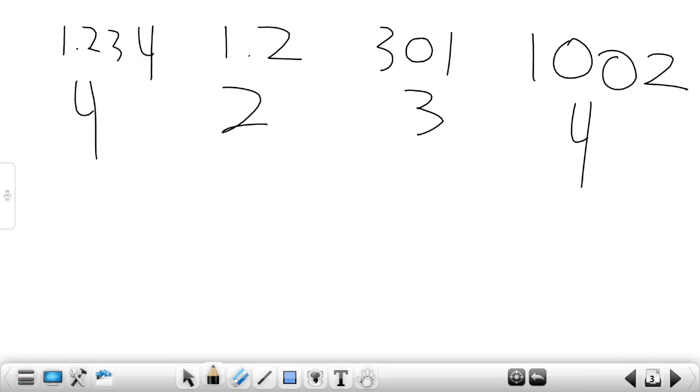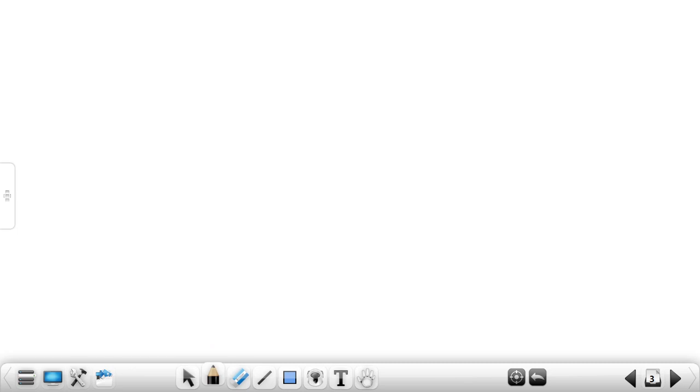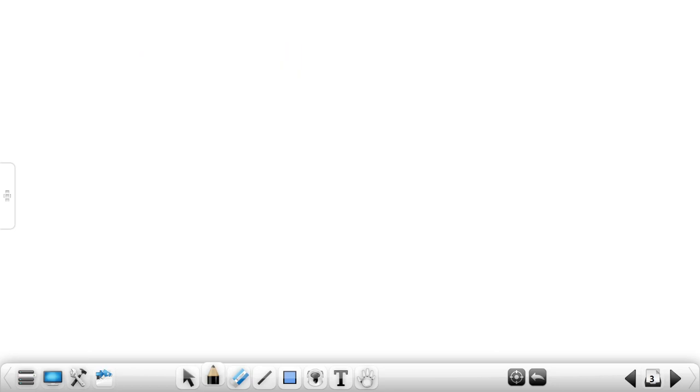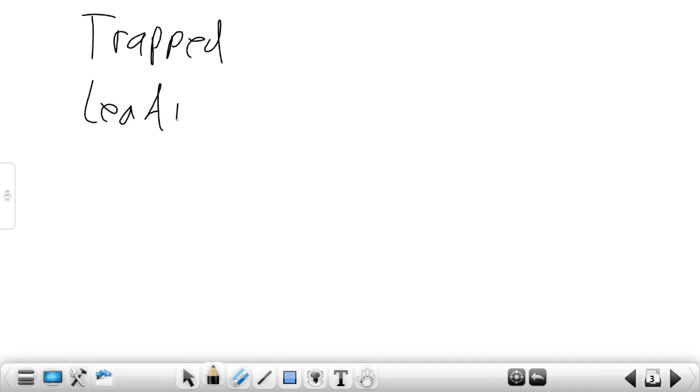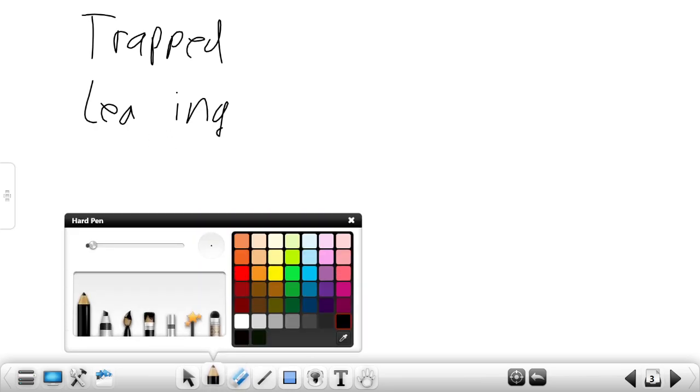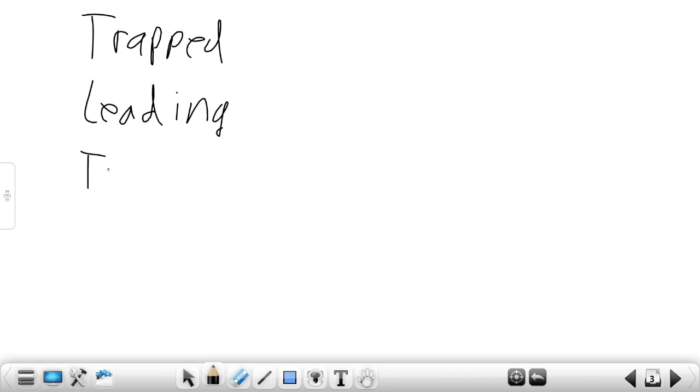Now let's talk about some of our exceptions. I'm going to go ahead, clear the board here. So the best way to remember our zero rules are always, sometimes, never, or always, never, sometimes. So here we have trapped, leading, and trailing.